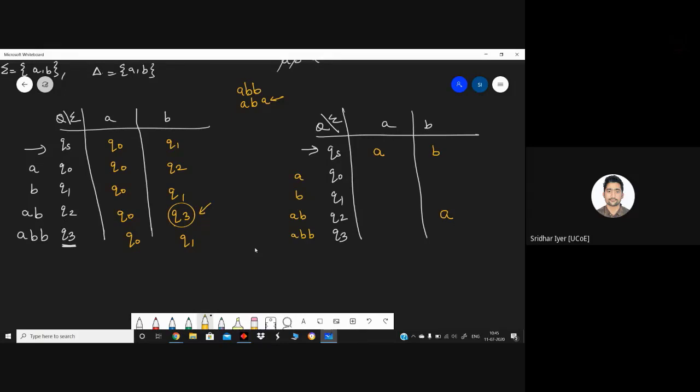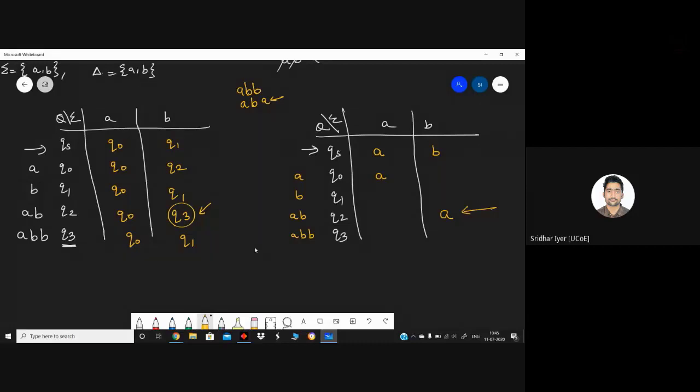Next up, A on input A. We don't have any states corresponding to AA, right? So Q2 was a state which was corresponding to A. So whatever is the input, I will simply write it. We are simply bothered with changing the occurrence of ABB into an ABA. Everywhere else, whatever is the input, you have to write it same to same. Only point is wherever ABB is getting formed, you have to convert that into ABA.